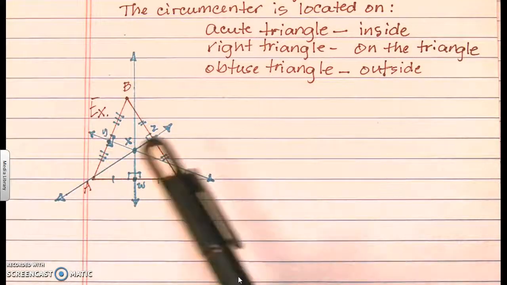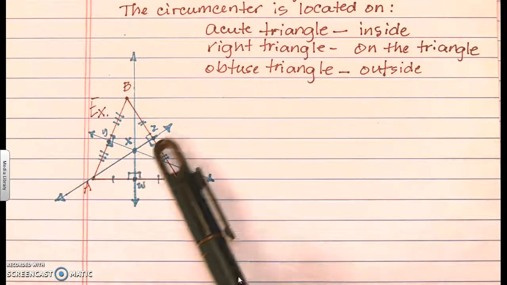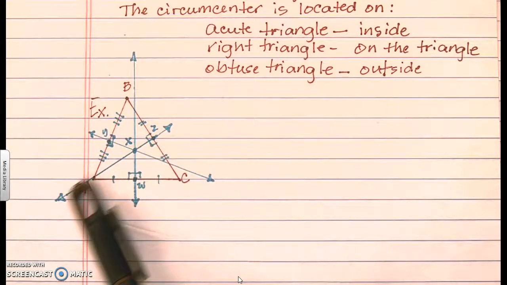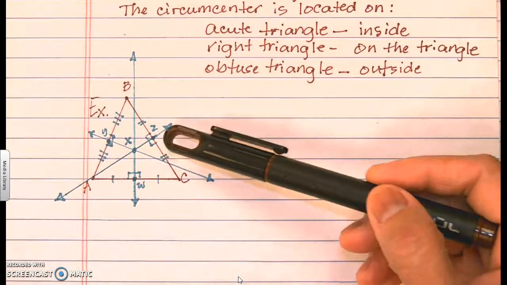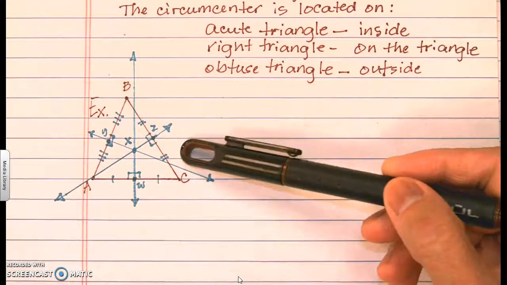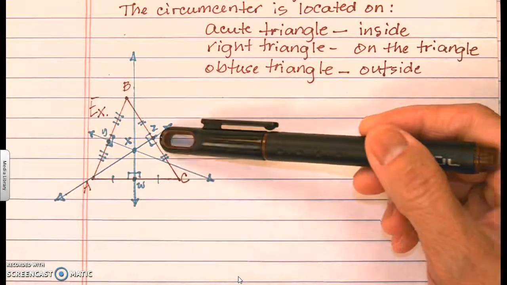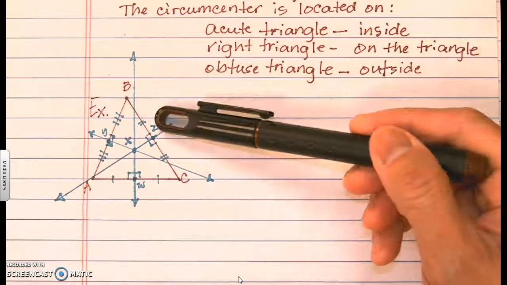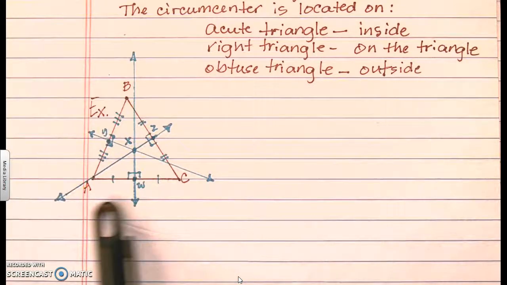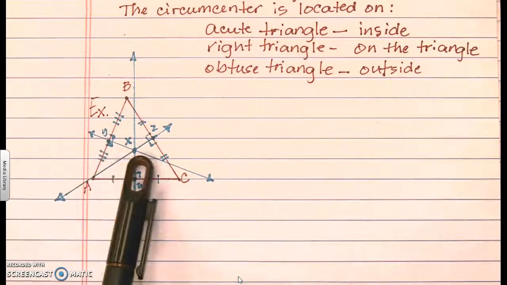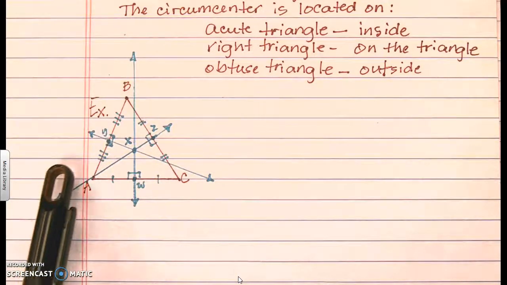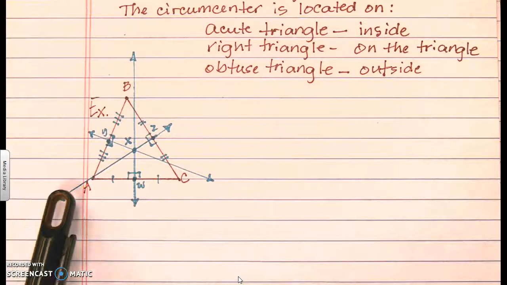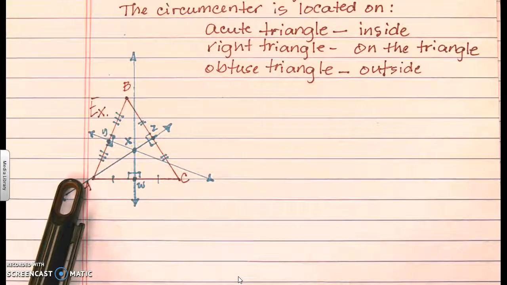And as you can see, this line XZ right here is perpendicular to BC and also passing through the midpoint, meaning to say CZ is congruent to BZ. In the same way, my line XY or YX is my perpendicular bisector because it is passing through the midpoint of AB, and that makes AY congruent to YB.